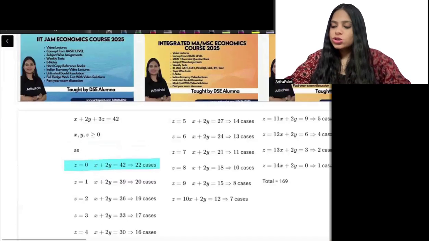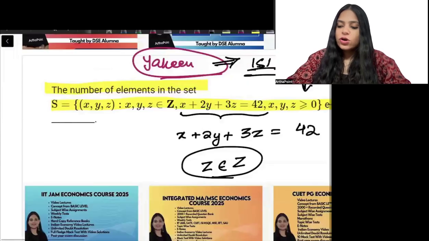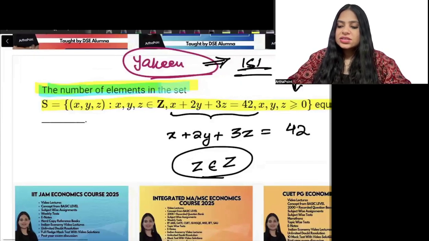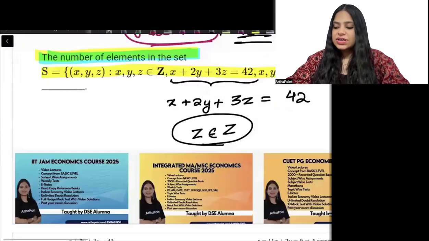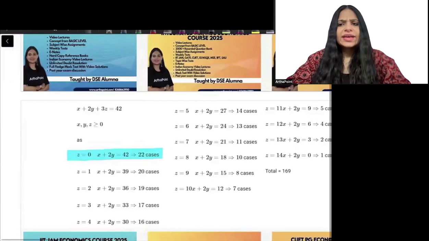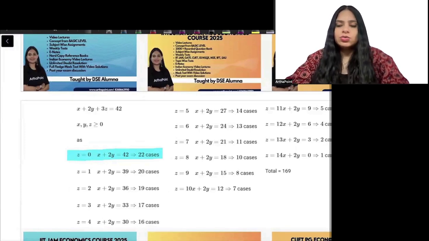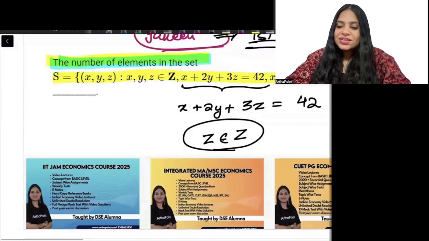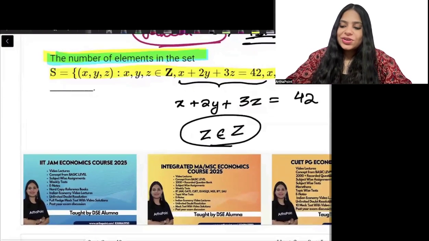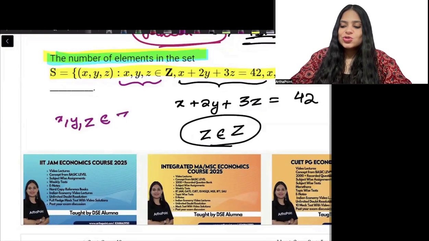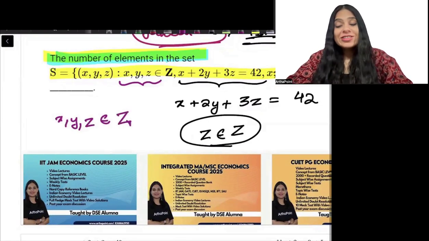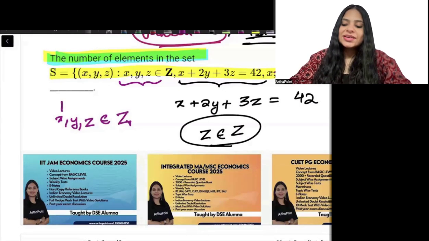Now, the question is, what is the number of elements in this set where x plus 2y is equal to 42? How many such cases can you build around this? The good part is that x, y, z belong to the integers, and all three of them are non-negative. So x and y can also take only integer values.